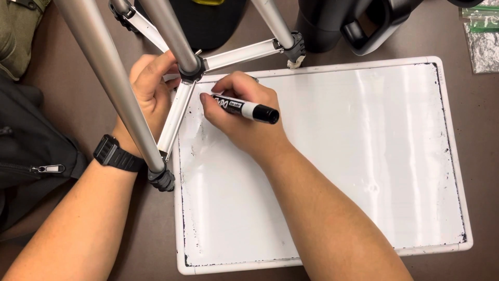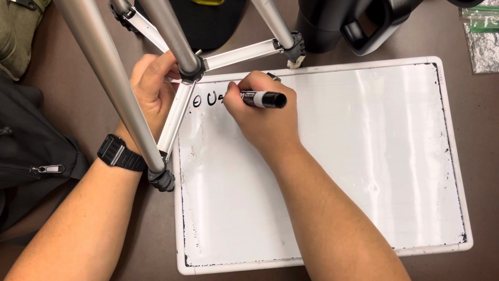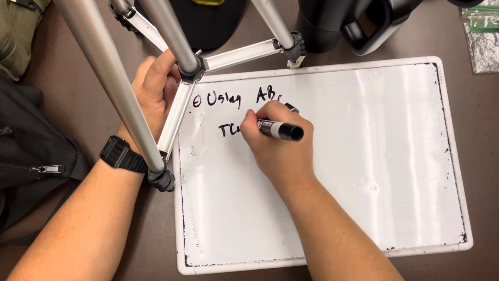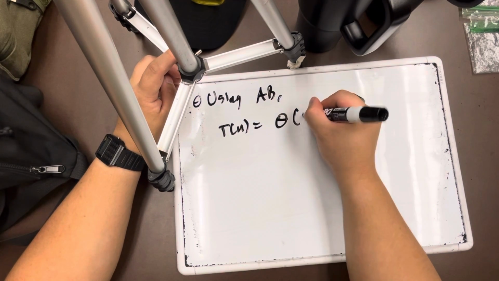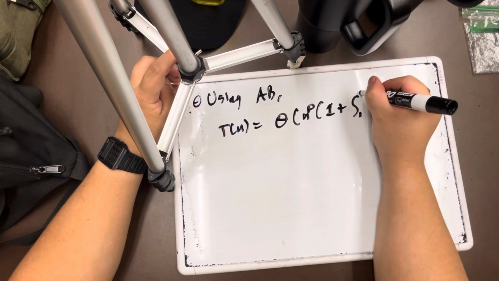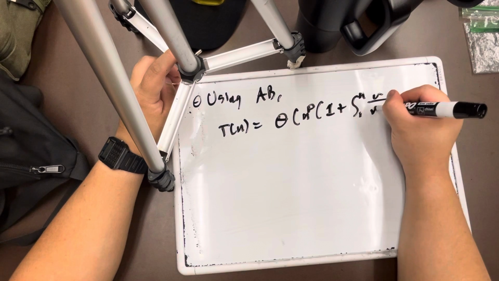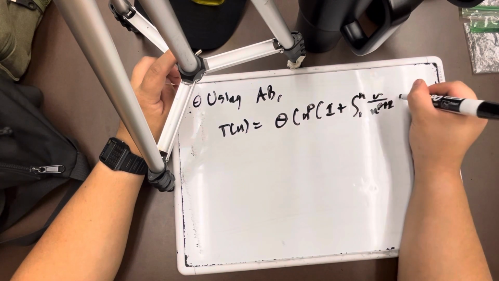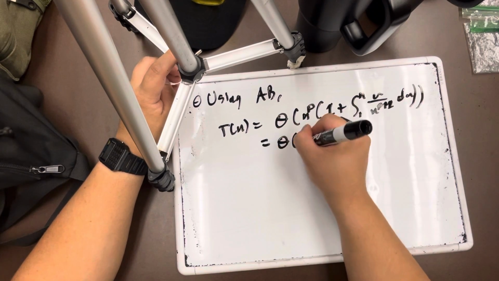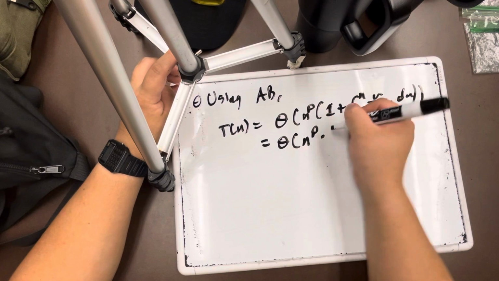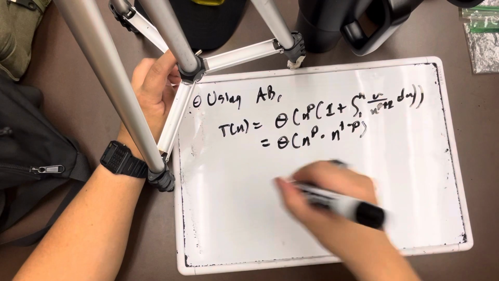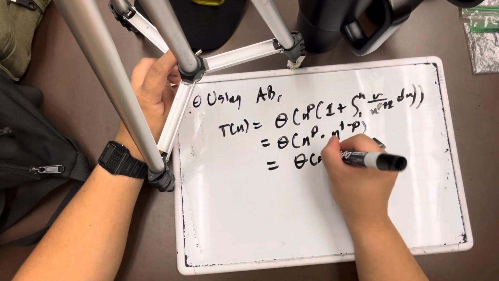So using Akra-Bazzi, T of n is equal to theta of n to the p, open parentheses 1 plus the integral from 1 to n of u over u to the p plus 1 du, close parentheses, which is equal to theta of n to the p, multiplied by n to the 1 minus p, which is equal to theta of n.